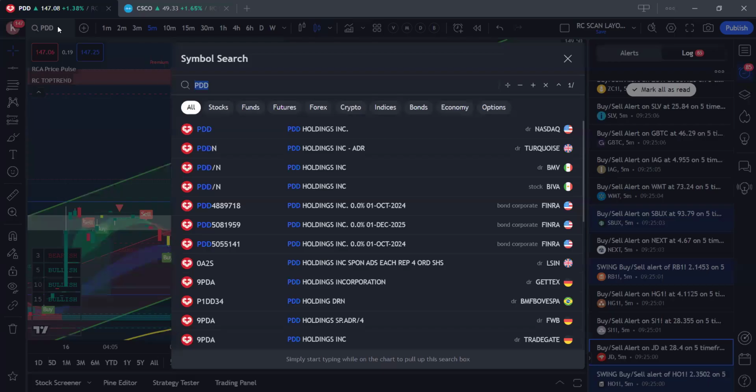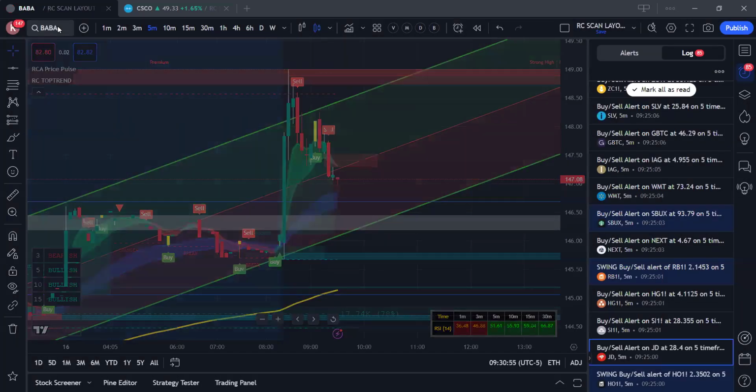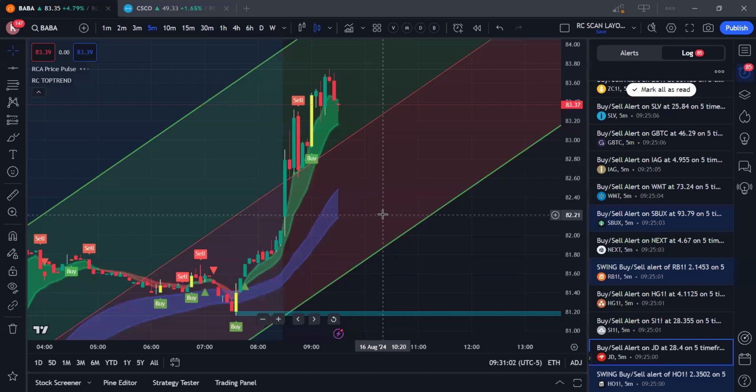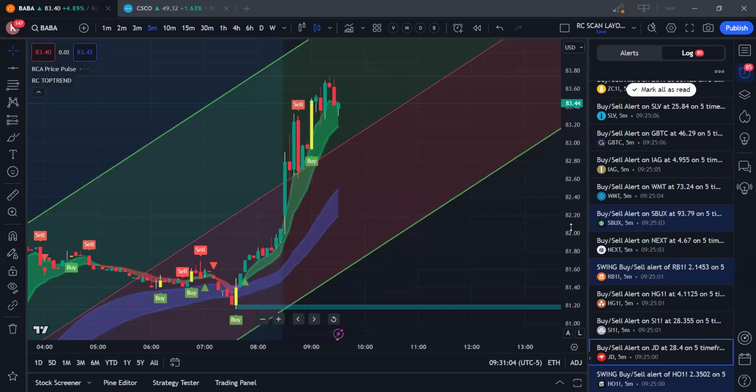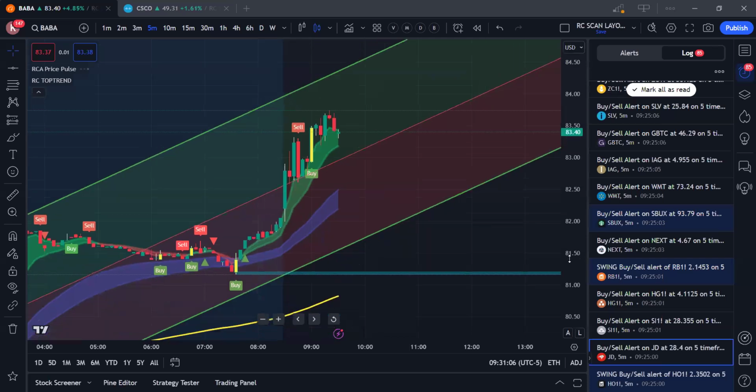And most of the other Chinese stocks also might be in a similar scenario, right? Because your ETF, so Baba also moved all the way up. If we get a pullback, right, it is close to the top.